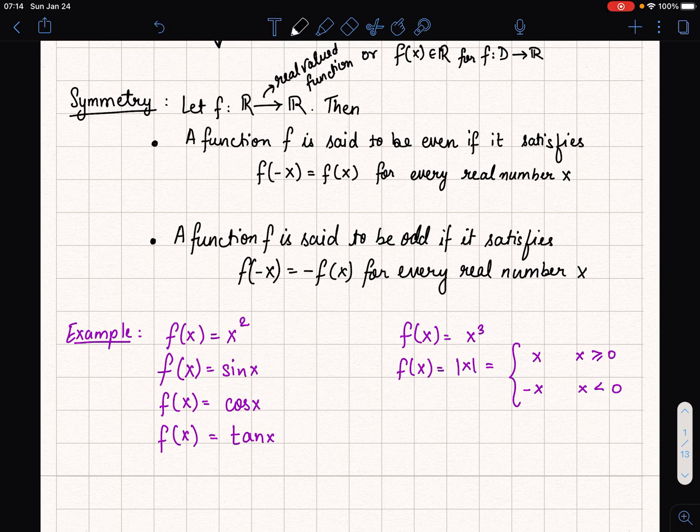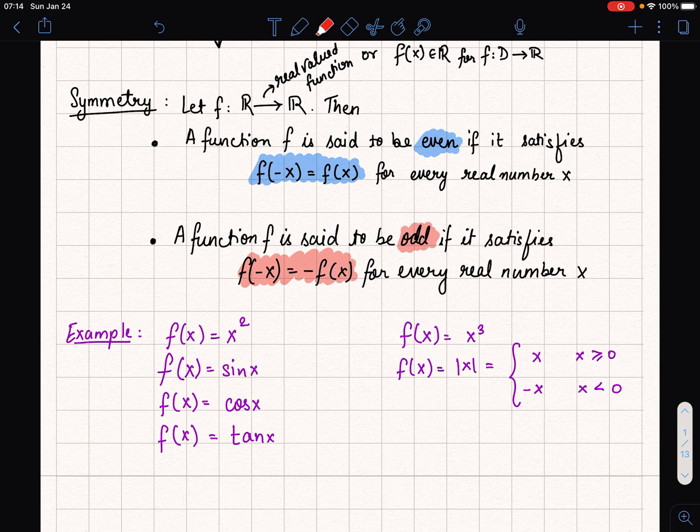If we have a real valued function f, then f is said to be even if it satisfies f of minus x equals f of x for every real number x, and f is said to be odd if f of minus x is equal to negative f of x for every real number x.